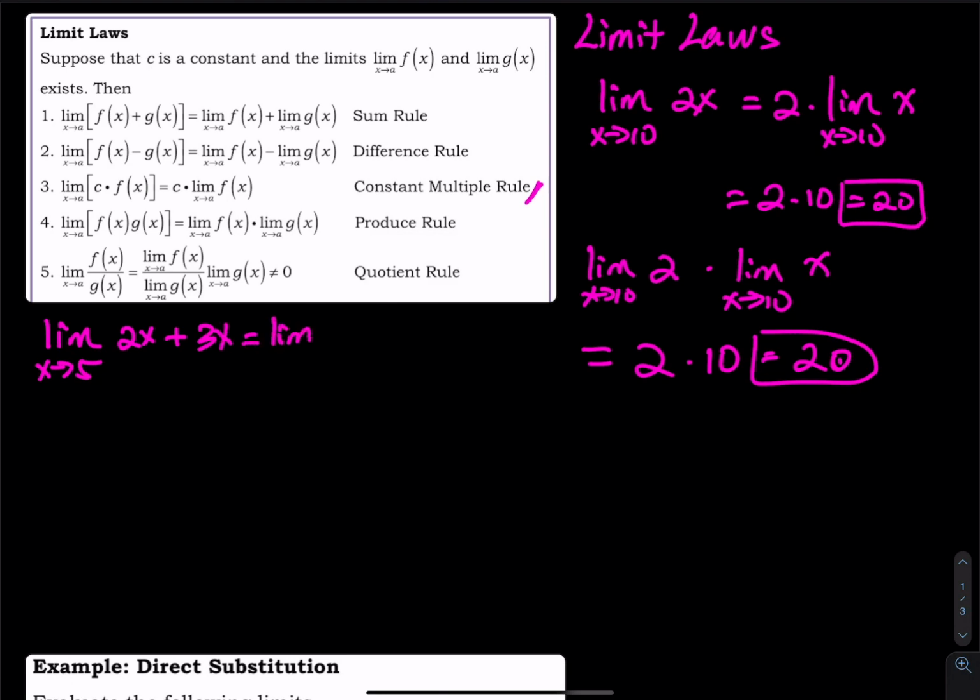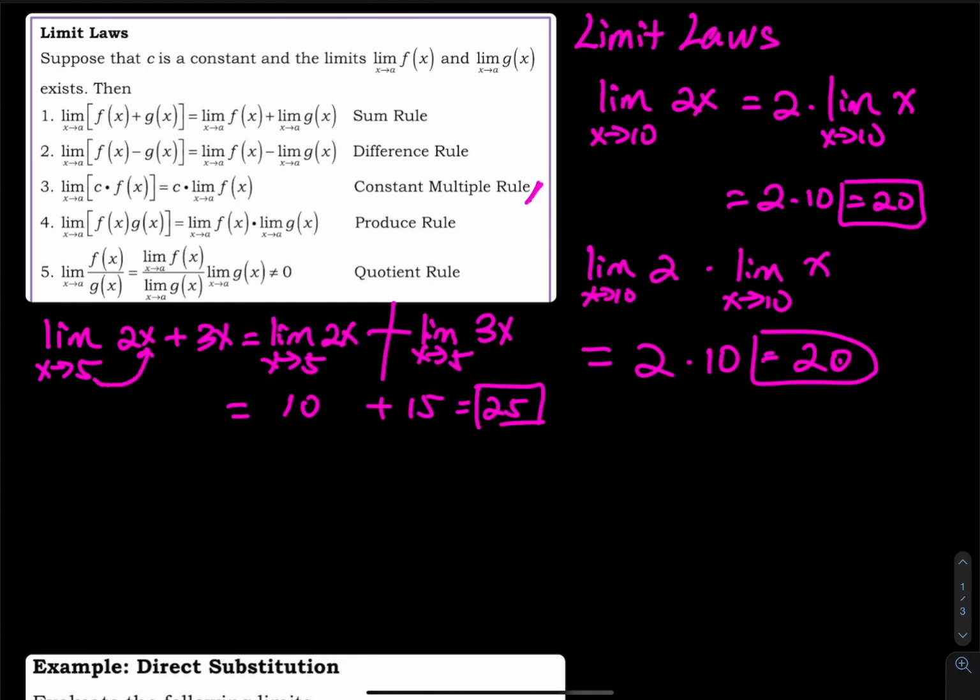You can rewrite that as the sum of two limits: the limit as x approaches 5 of 2x, plus the limit as x approaches 5 of 3x. So you just plug in the 5, and you get 25. So why don't you just plug in the 5 at the beginning? You don't need to waste a minute to write two limits. So that's the rule, and to me it's really just common sense.